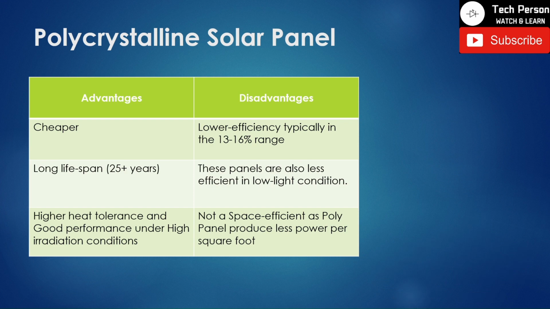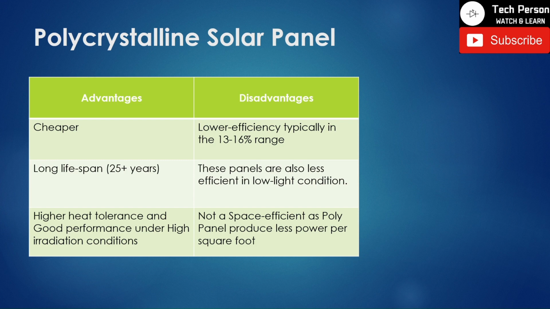Again, I am not discussing the overall panel efficiency. If you have a 300-watt solar panel, it does not mean it will give you 13% of that 300. Here I am just talking about the single cell of the polycrystalline solar panel.